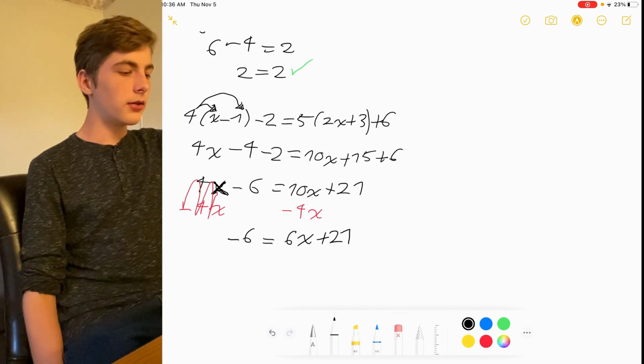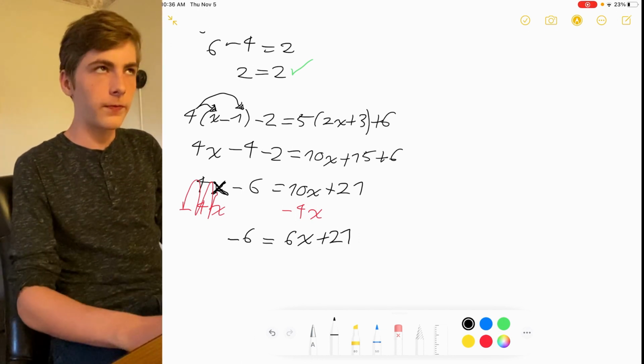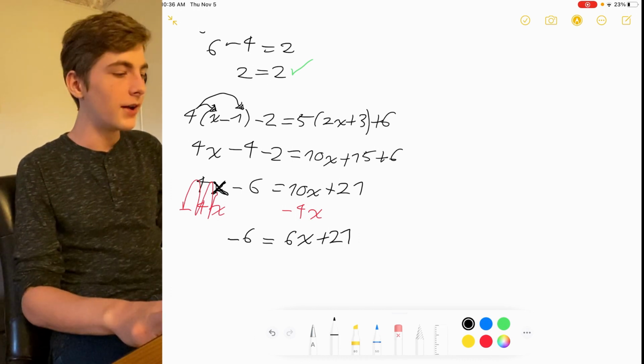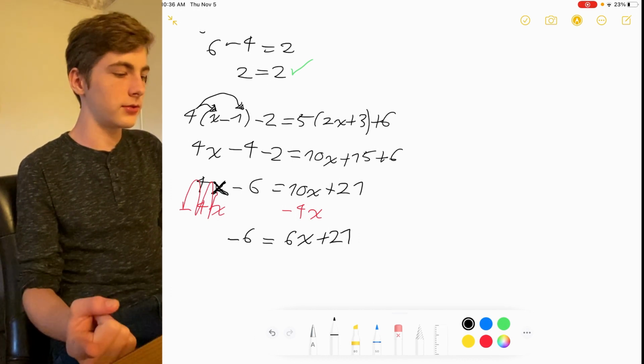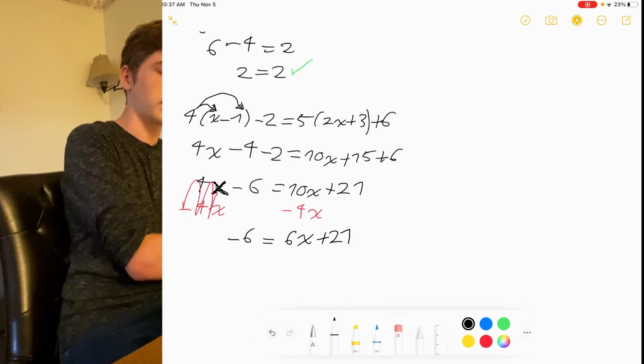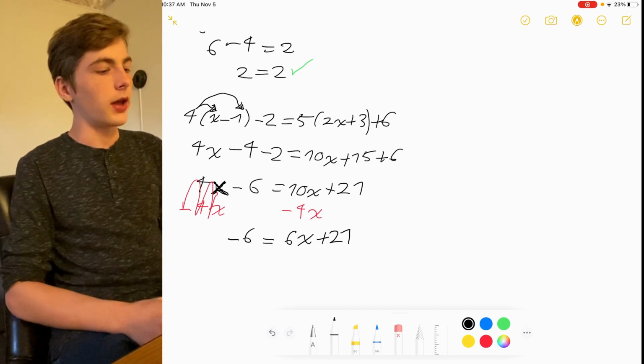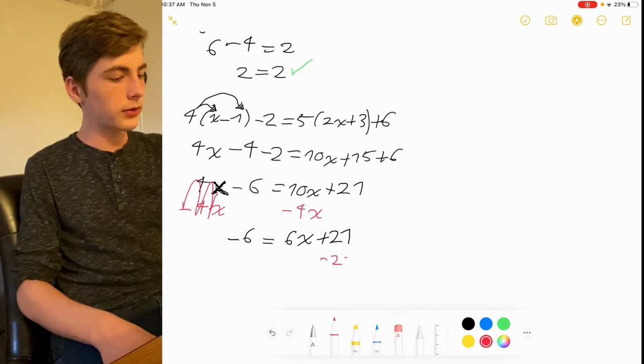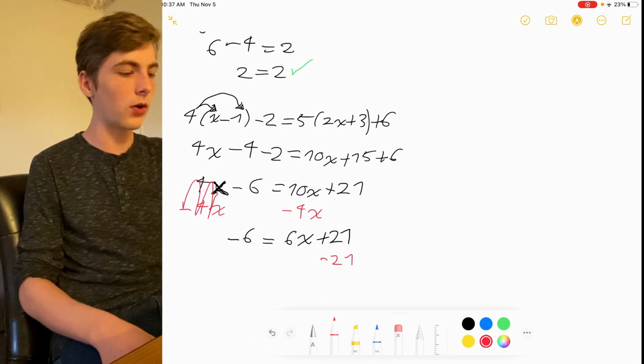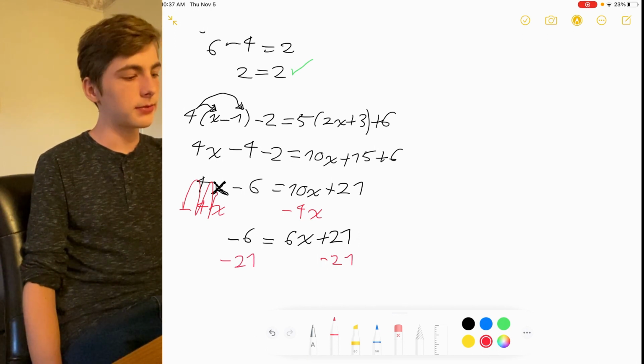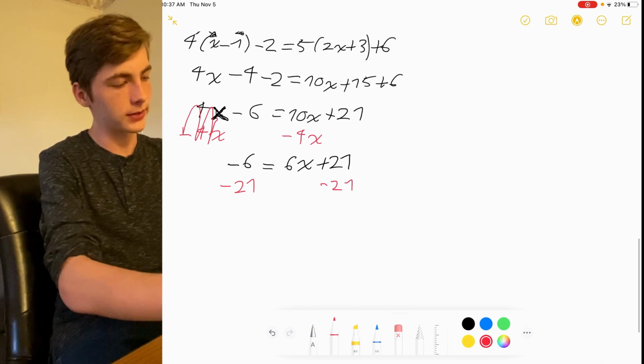And then step 3 is we're going to move that constant over to the other side, that 21. And so we're going to do that by subtracting 21. 21 minus 21 is 0, and then minus 6 minus 21 is going to be minus 27.